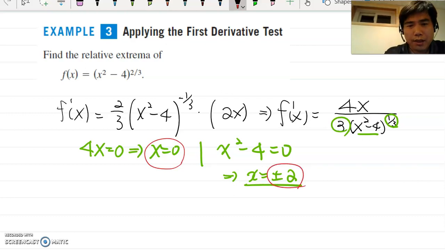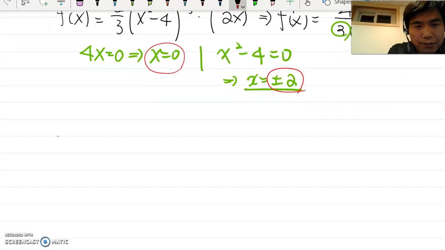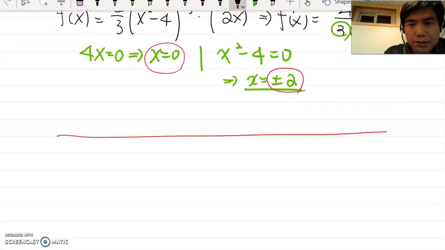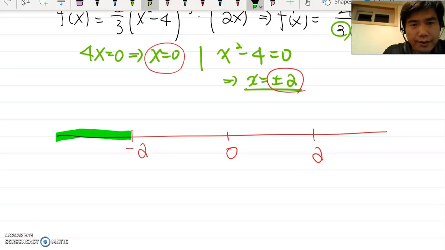Okay, then let's create the interval table. So negative 2 here, and 0 here, and 2 here. So we have a total of 4 different sections.